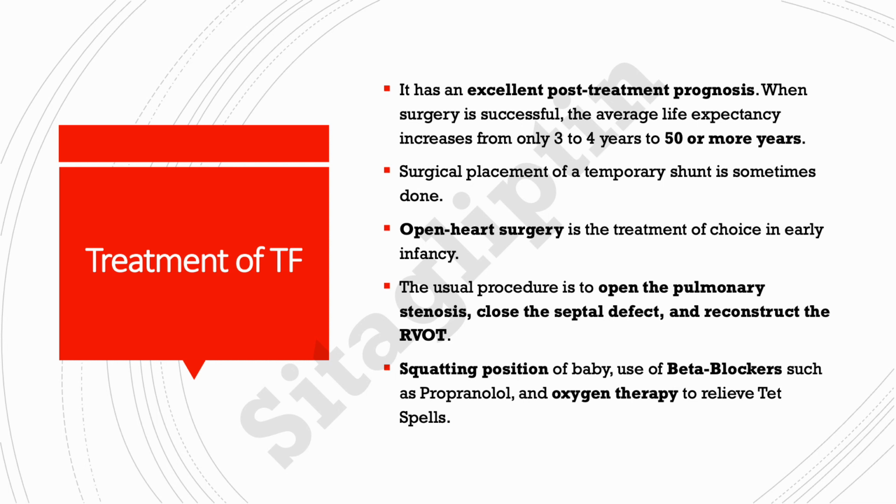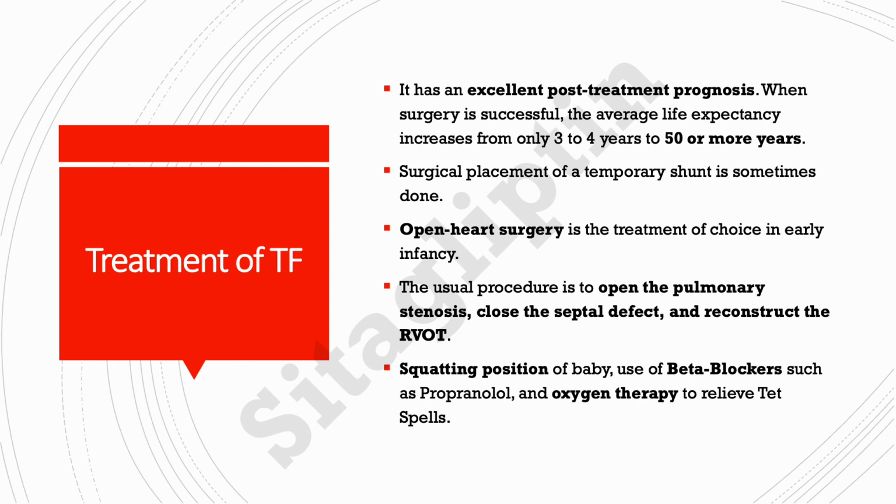So what they do is they place a temporary shunt. There's surgical placement of a temporary shunt, and when the baby is 2 months older or even more, they do the open heart, the proper surgery, which is the gold standard for tetralogy of Fallot. What they do in the surgery is that they open the pulmonary stenosis.